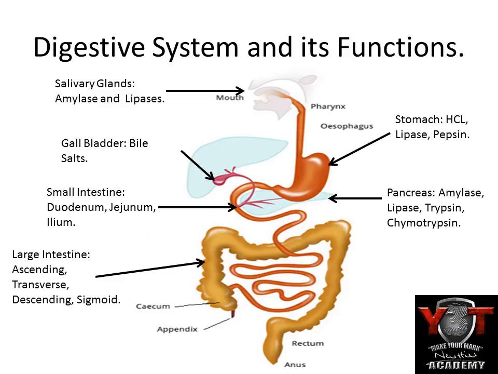Those two excrete their digestive aids into the upper part of the small intestine in particular, which finally breaks down those nutrients into absorbable parts. Most of the absorption takes place in the small intestine, which is comprised of the duodenum, the jejunum, and the ileum.